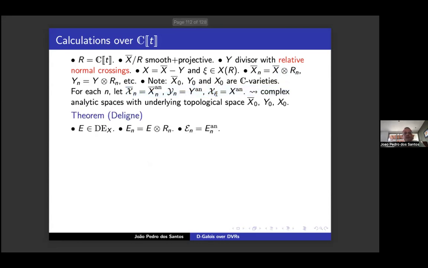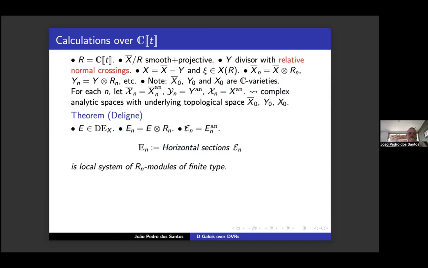And Deligne proves that over the analytic spaces, this is called the relative Riemann-Hilbert correspondence, over these Xn, which are analytic spaces over Rn, so remember Rn is of finite dimension over C, Deligne proves that if you have a connection, then the sheaf of horizontal sections of the analytification is a local system.